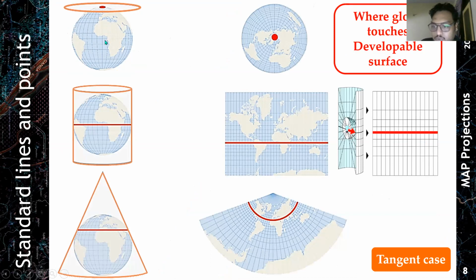In the case of the planar projection, this is the North Pole, as your developable surface is touching the reference globe at the North Pole. In case of the cylindrical projection, this is a line that passes through the equator when your developable surface is tangential at the equator. In the case of the conical projection, this is some mid-latitude.